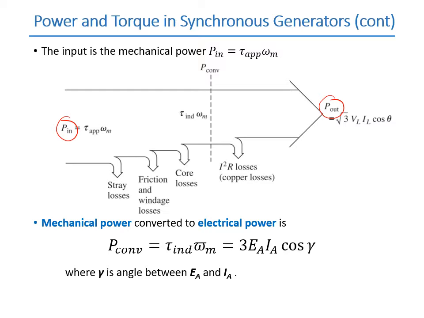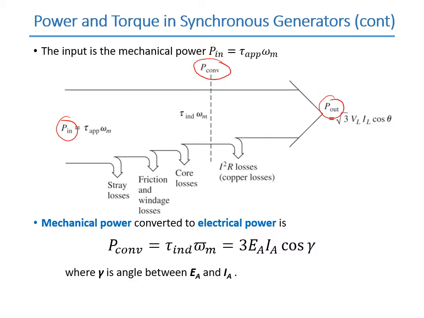The difference between these two powers is due to losses that happen in the system, and we have learned before that there are different types of losses, including mechanical, electrical, and magnetic losses.